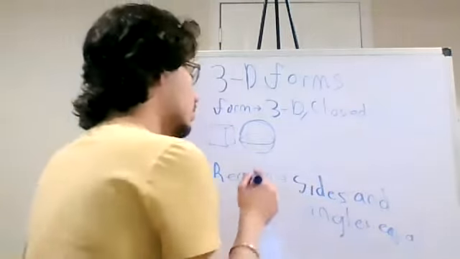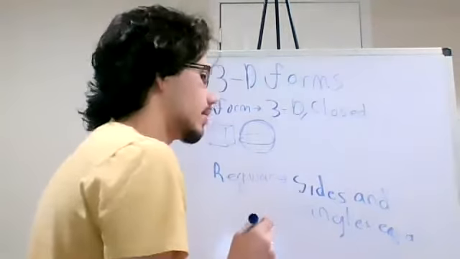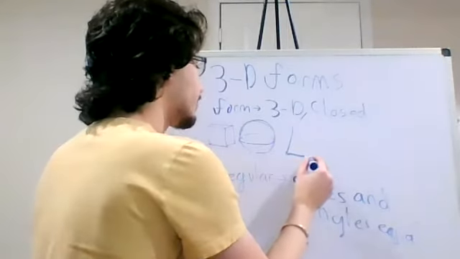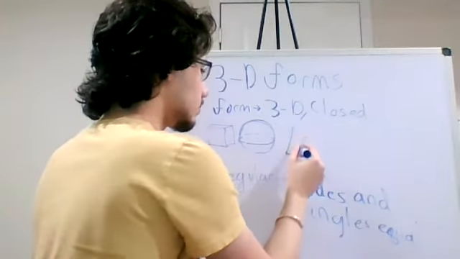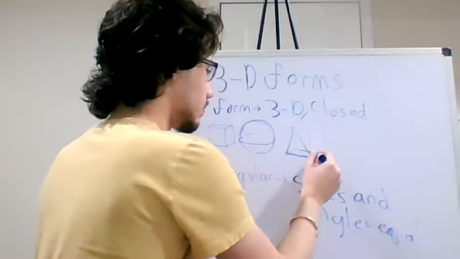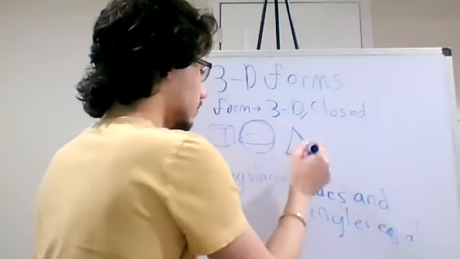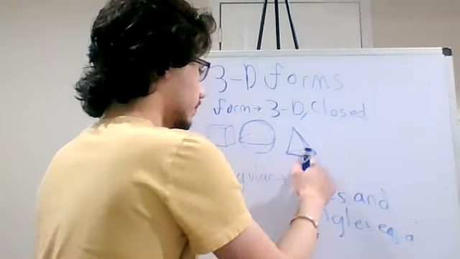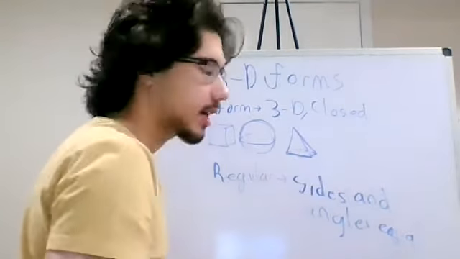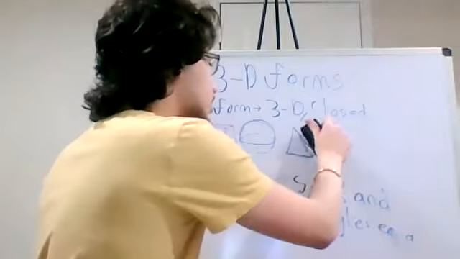But the main regular version of a three-dimensional triangle would be a triangular prism. Or a triangular pyramid. That's what I'm trying to draw.